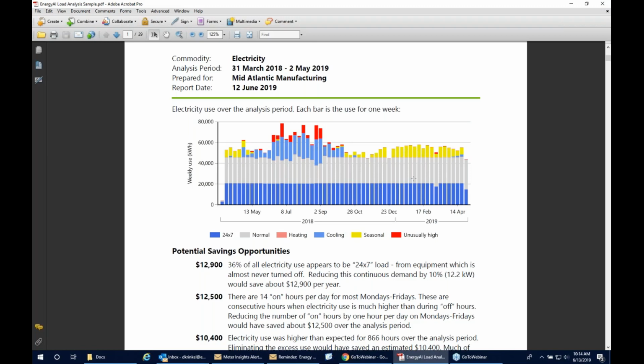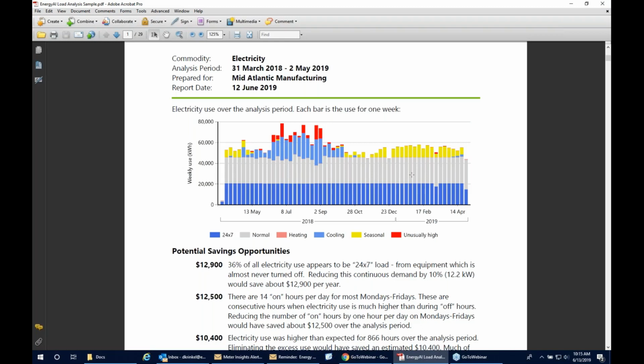Seasonal tends to be, those of you who are metrics users will know that in addition to weather, you can enter other drivers, such as occupancy for a hotel or production for a manufacturing facility, other independent variables. Now, Energy AI, we don't ask for any of that. Again, we know nothing about the operations.